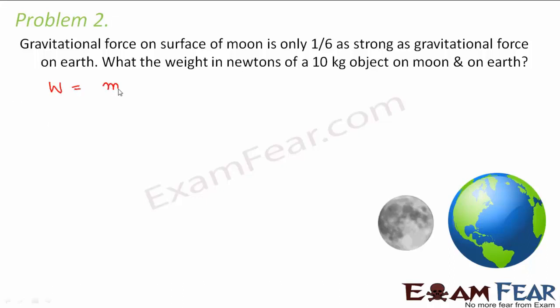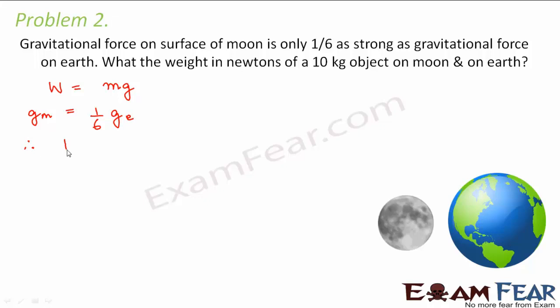So how do we define weight? Weight is nothing but the mass of the object multiplied by the acceleration due to gravity, right? Now, the problem itself says that the acceleration due to gravity on the moon is equal to 1/6 the acceleration due to gravity on Earth, right?